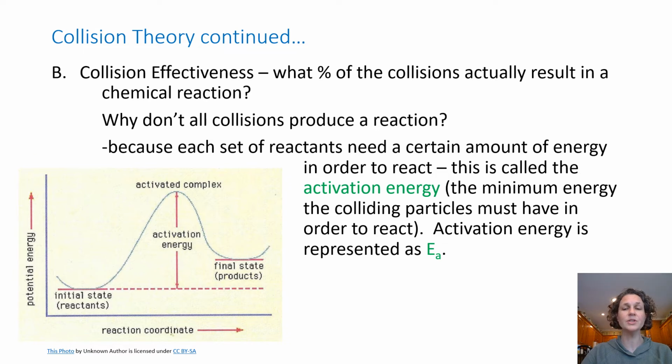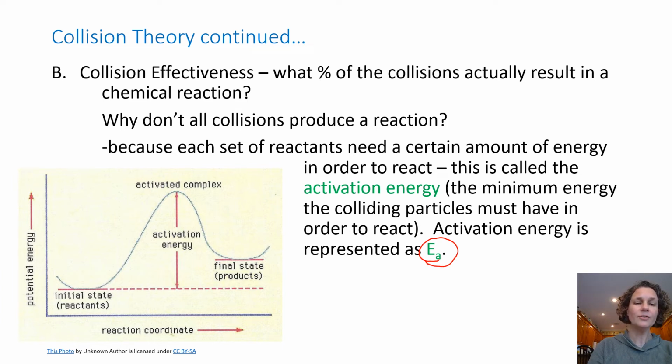And the activation energy is the lowest amount of energy that you can have between colliding particles and still have them react. It's represented usually by a capital E with a little subscript a, the energy of activation.